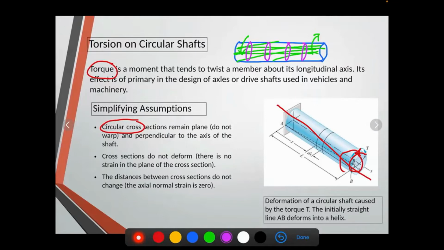But if, for example, yung object na i-consider natin is, say, rectangular, tapos i-twist ko na, na-twist natin yung rectangle.